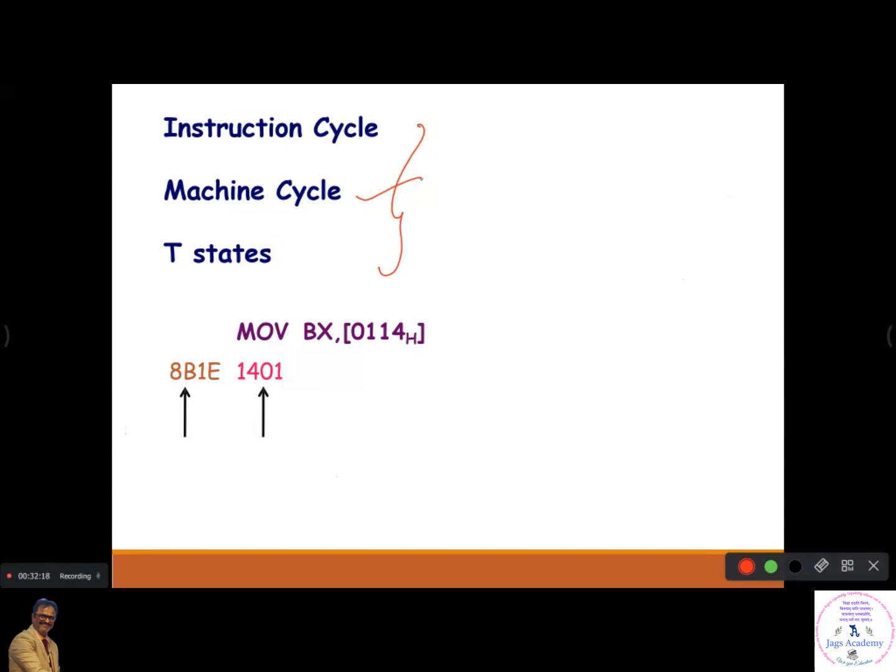A machine cycle is the time taken by the microprocessor to fetch an instruction, or to write data into the memory, or to read data from the memory. Each is one machine cycle. So I hope you understood when I said your instruction cycle will have multiple machine cycles.